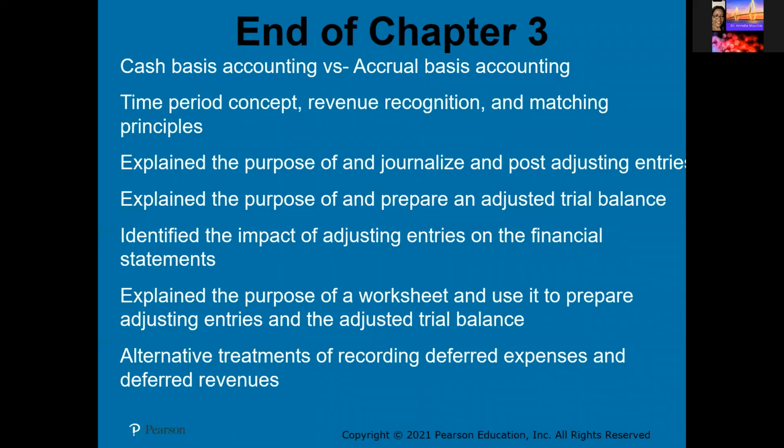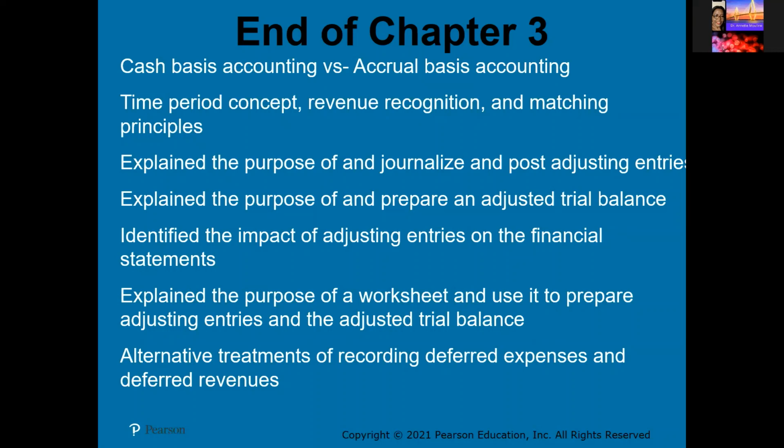Okay, so this is the end of chapter 3. In chapter 3, we discussed and differentiated cash basis accounting versus accrual basis accounting. We discussed the time period concept, revenue recognition, and the matching principle. We also explained the purpose of and journalized and posted adjusting entries, and explained the purpose of and prepared the adjusted trial balance.